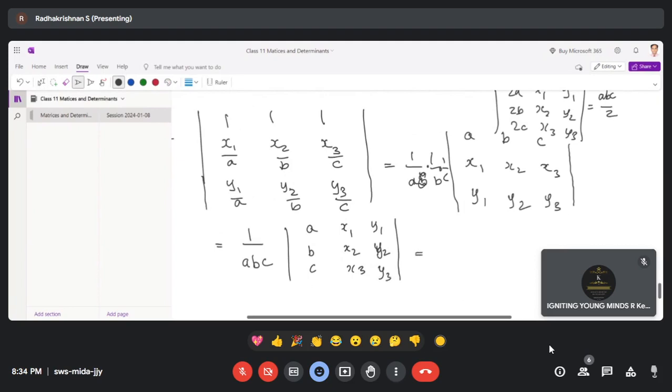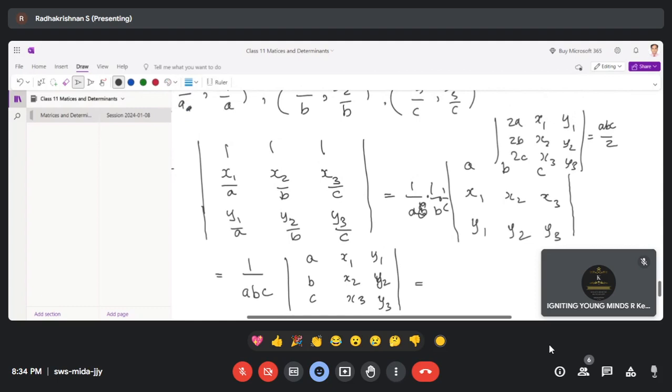Now the value is given for 2a, 2b, 2c. So what can we do now? Suppose this 1 by abc is already there.